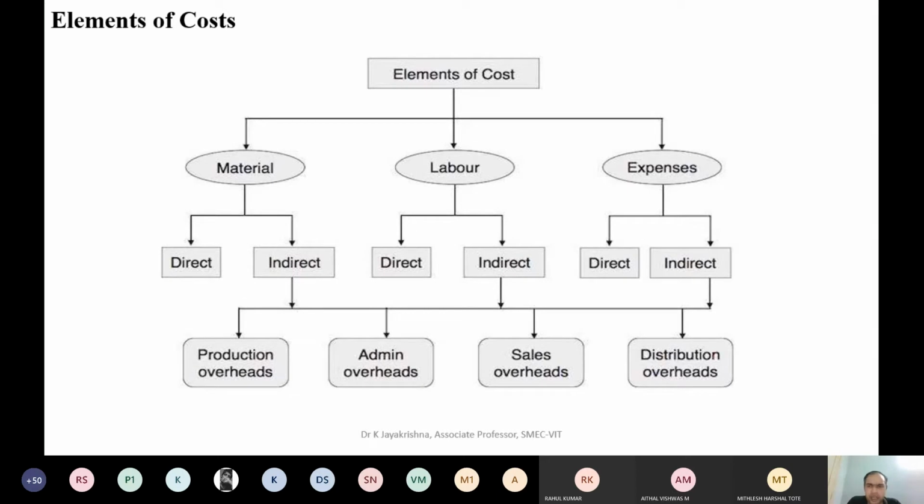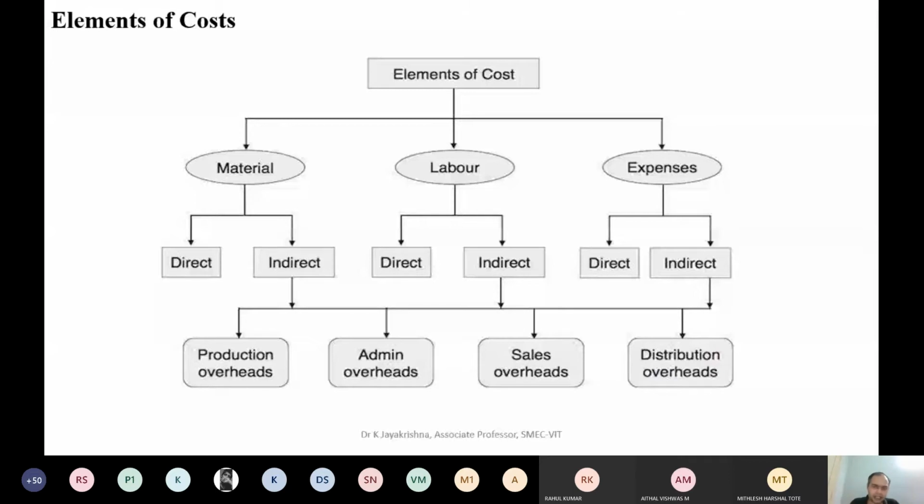Material, labor, and expenses are each further classified as direct and indirect.